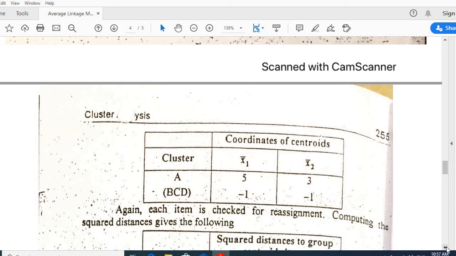Again, each item is checked for reassignment, and computing squared distances gives the following.